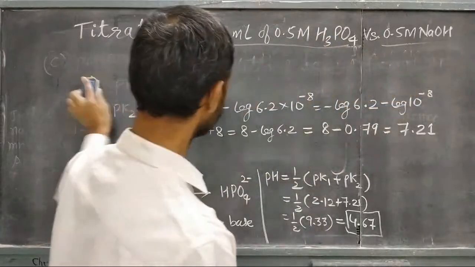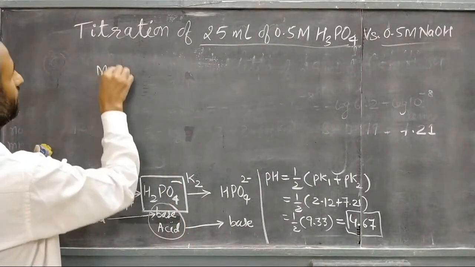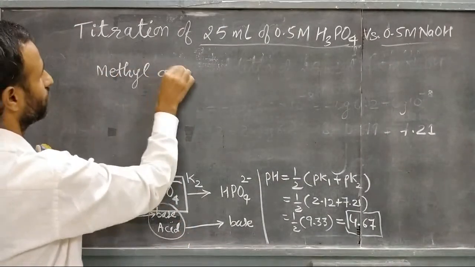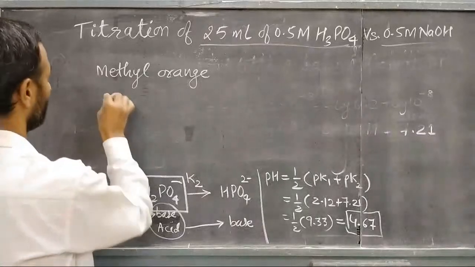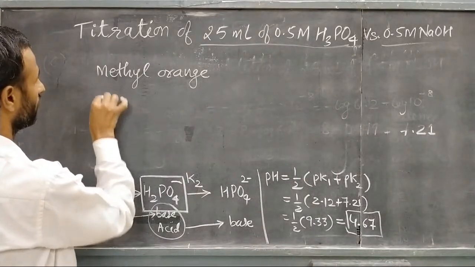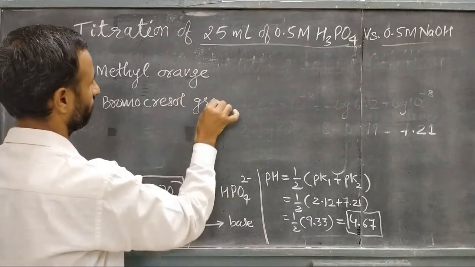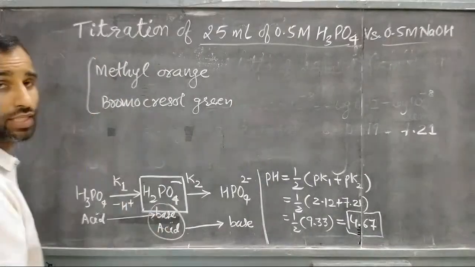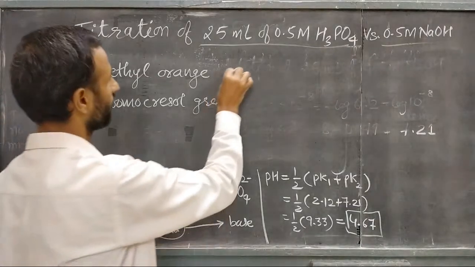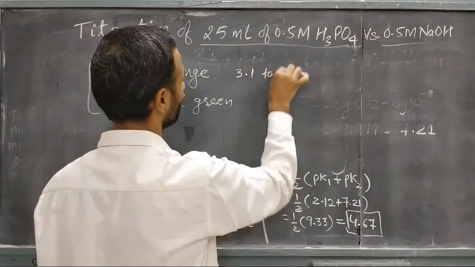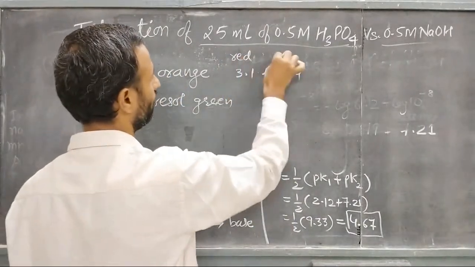Okay. Now to detect this first equivalence point, the indicators used are methyl orange, or bromocresol green. These are the indicators used in this case. For methyl orange, the range is 3.1 to 4.4, red to orange.